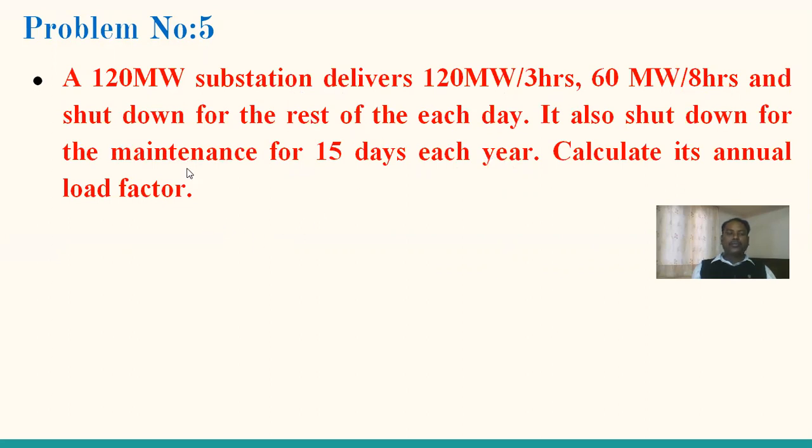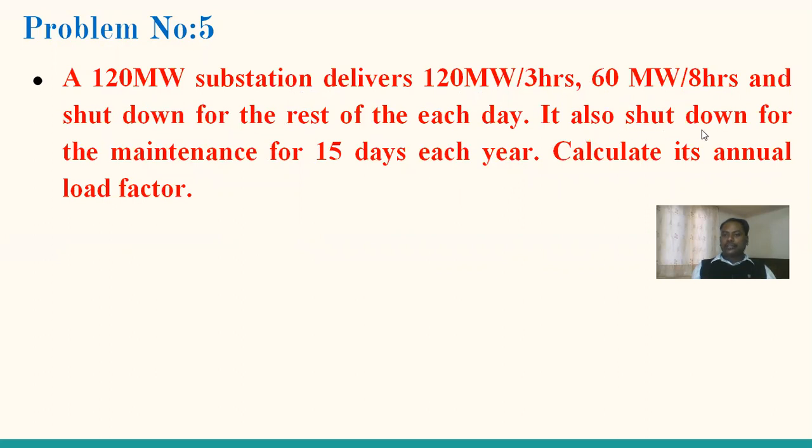The station maximum capacity is 120 megawatts, and during 24 hours it delivers 120 megawatts for 3 hours, 60 megawatts for 8 hours, and shuts down for the rest of the day. Therefore, it works around 11 hours, and the remaining hours it is completely shut down.